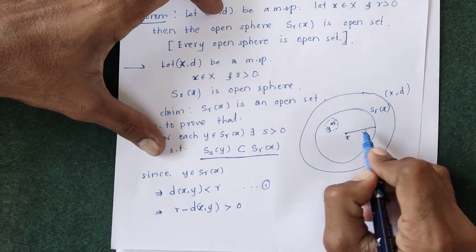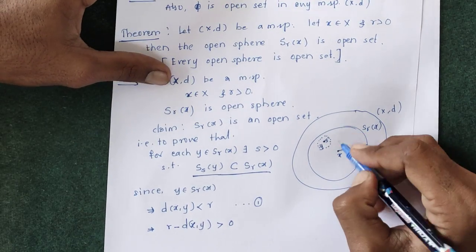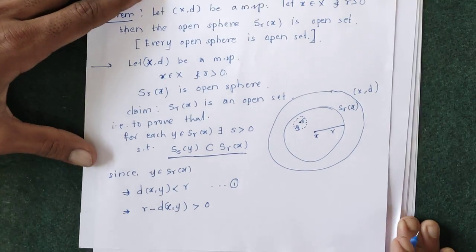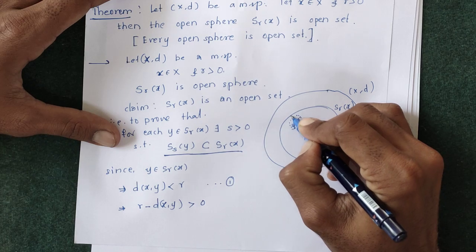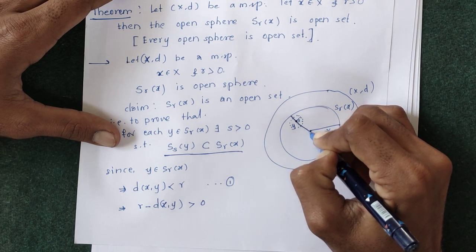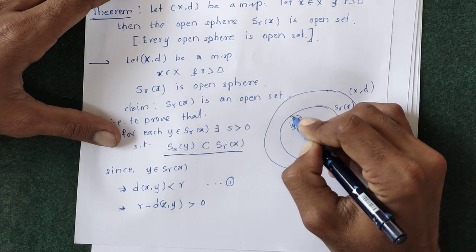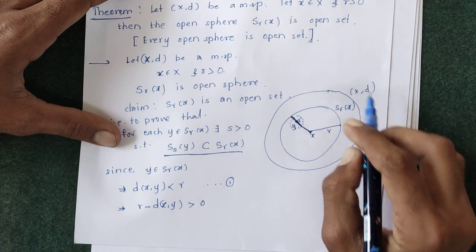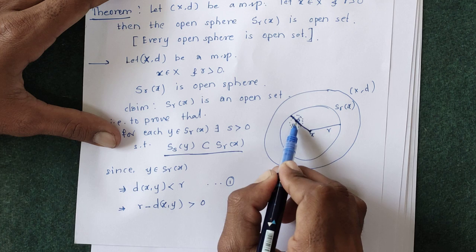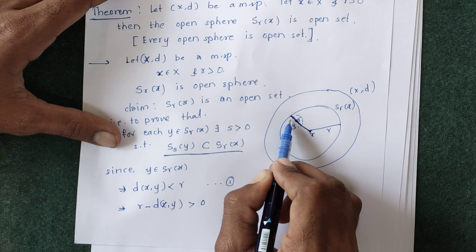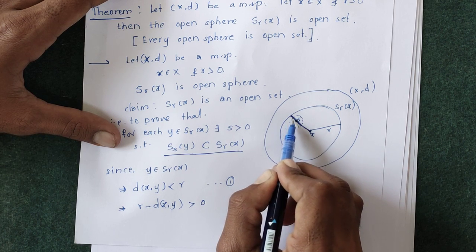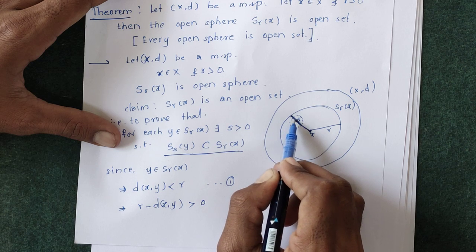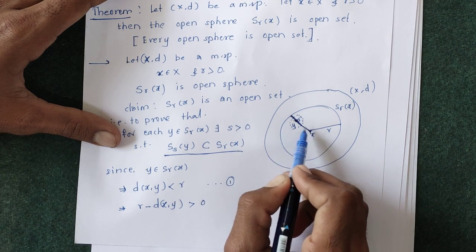Now here you can see, is it visible? Yes. Now you can see that this whole is radius R, and if we subtract the distance d(X,Y) from this whole R, the remaining will be this, R minus d(X,Y).